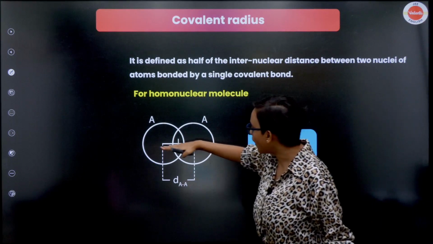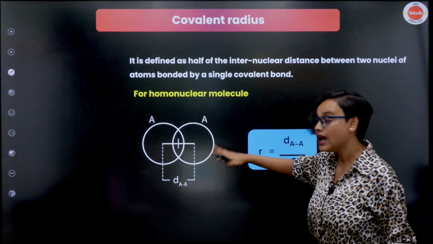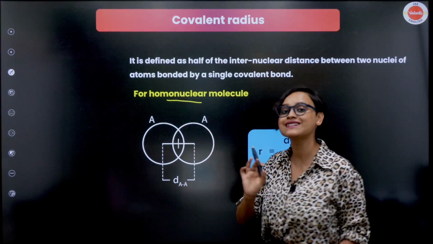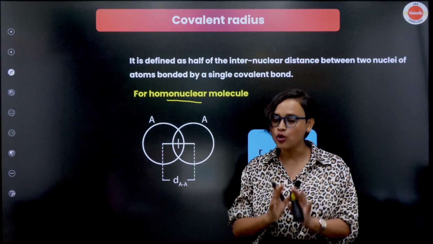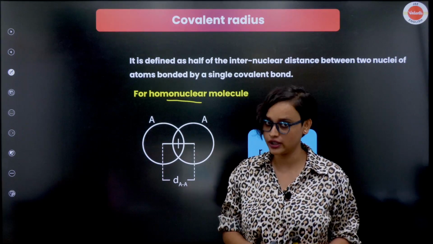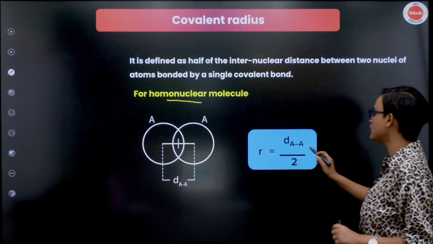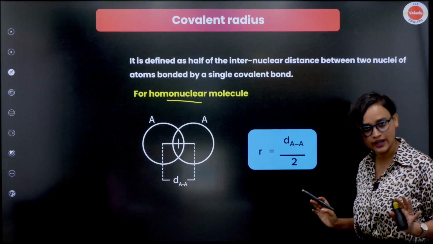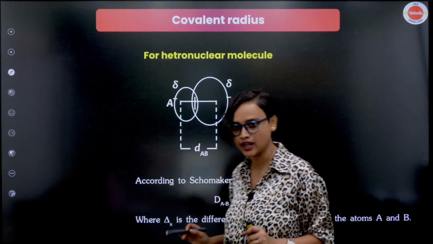If there is just one single covalent bond, and we are talking about a homonuclear molecule, that means both of them are absolutely the same. Then the distance between A and A divided by 2 will give you the radius.